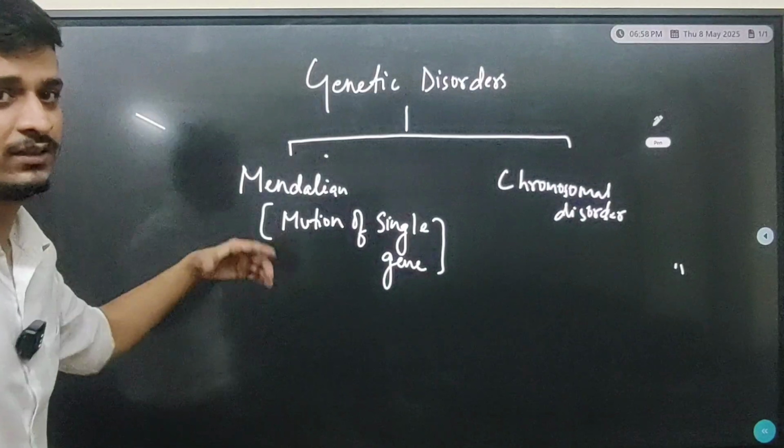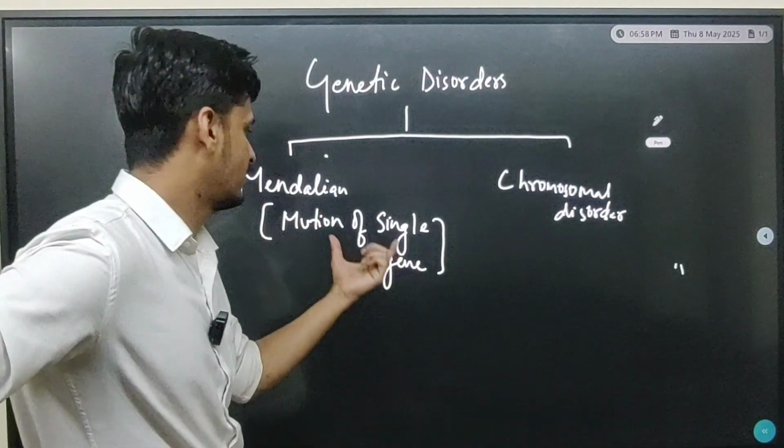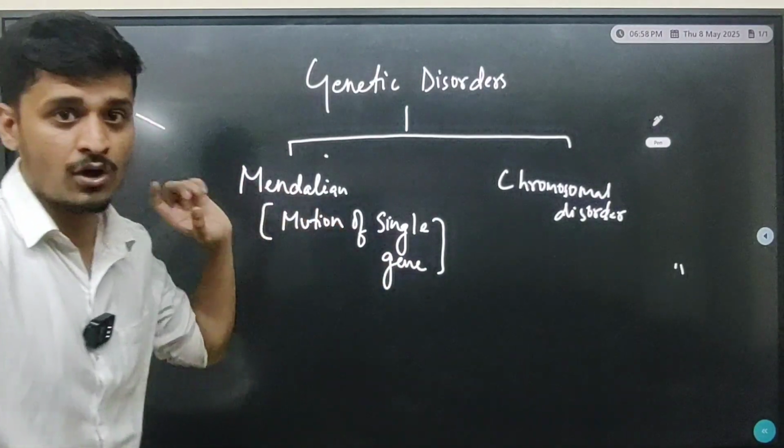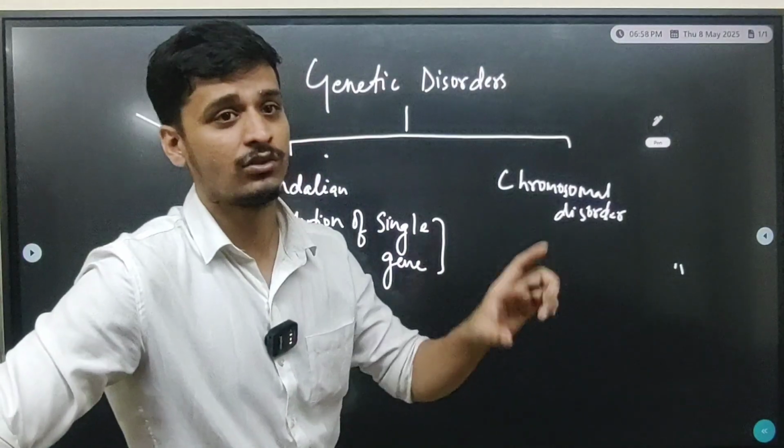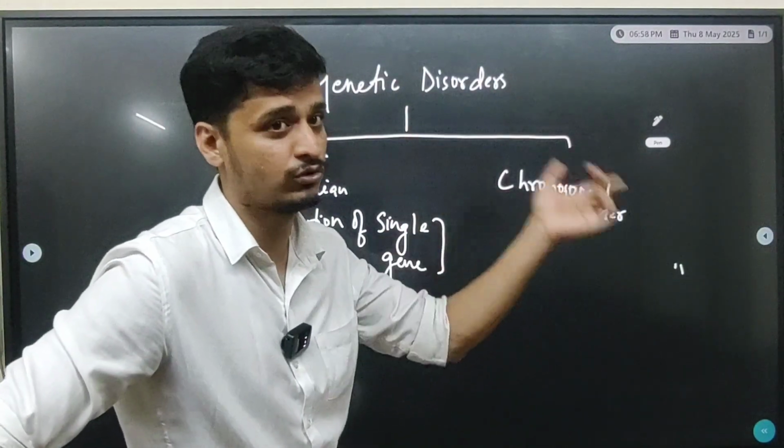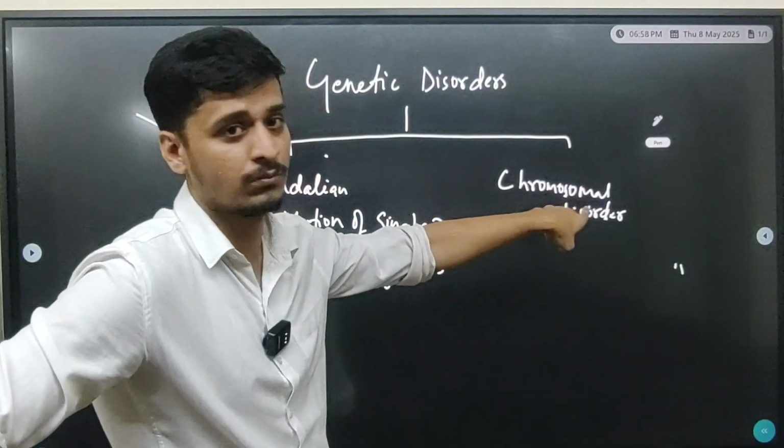Whenever there is mutation of a single gene, that will lead to a Mendelian disorder. And when there is an increase or decrease in a whole set of chromosomes, that will lead to a chromosomal disorder.